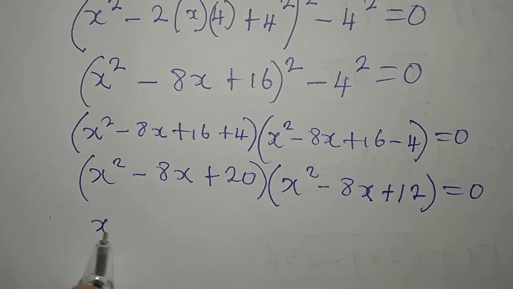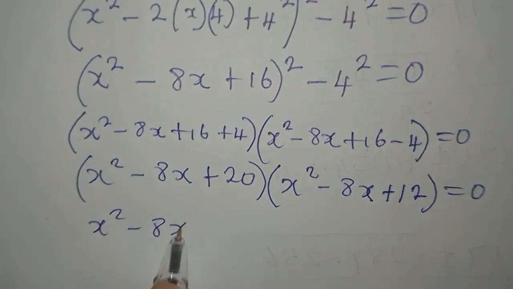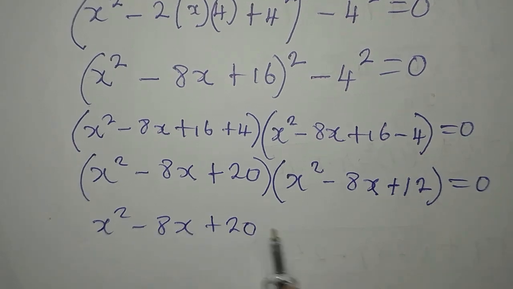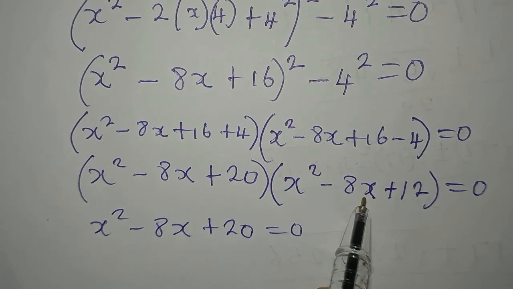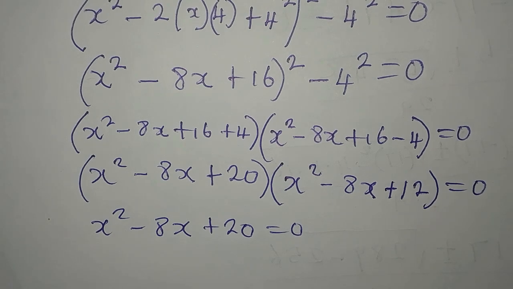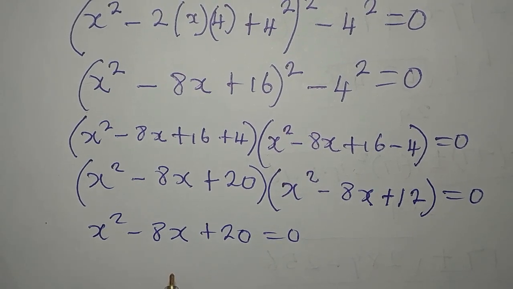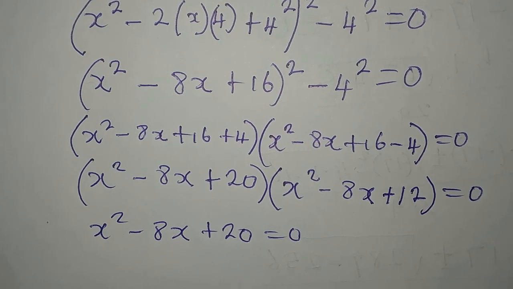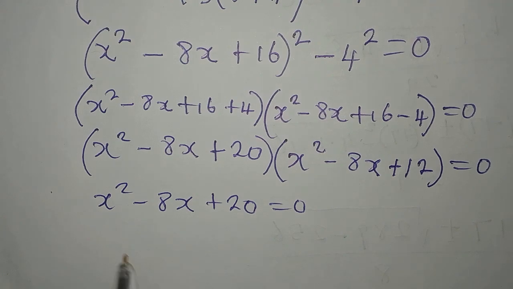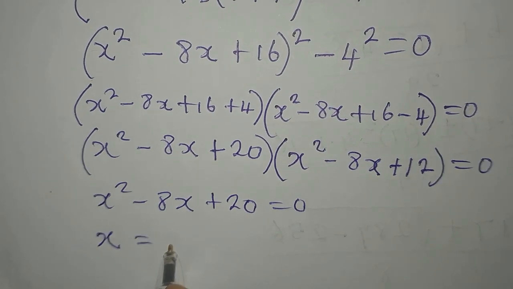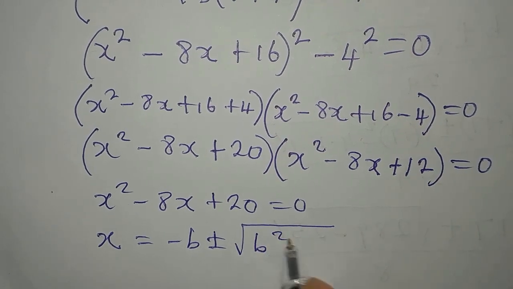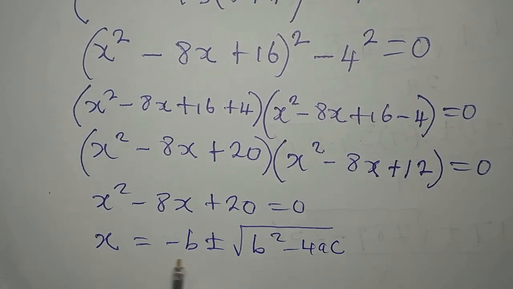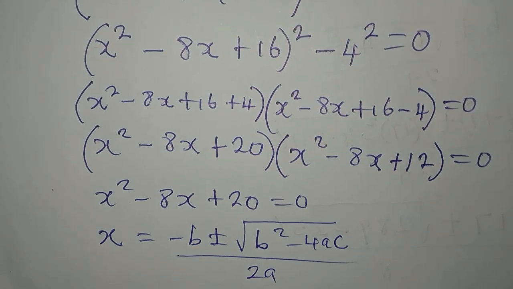So here we have x² − 8x + 20 equals 0. Once I am through with this, I'm coming back to pick the other. So from here, what do we do? Very quickly, let's use the formula method for this. x is equal to minus b plus or minus the square root of b² − 4ac, over 2a.